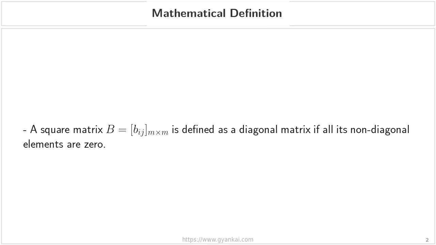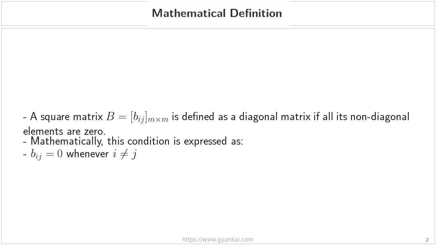Mathematical definition. Now that we have a general understanding of the main diagonal, let's move on to the formal mathematical definition. A square matrix, which we will call matrix B with dimensions m by m, is defined as a diagonal matrix if all of its non-diagonal elements are 0.